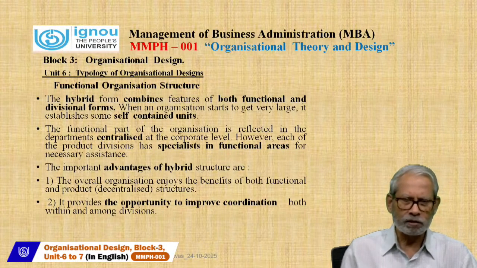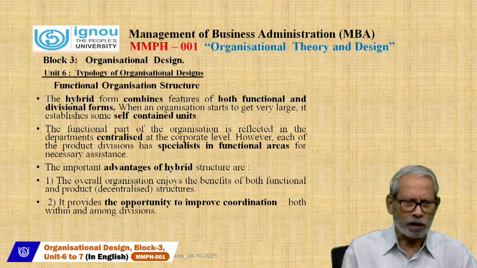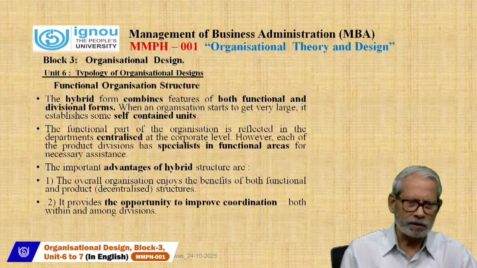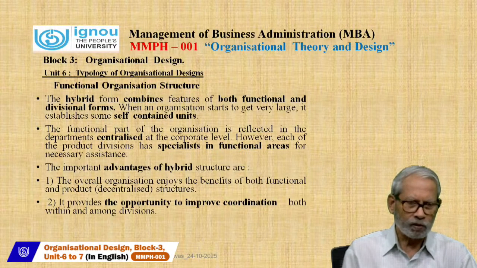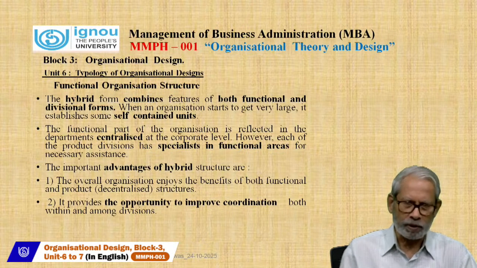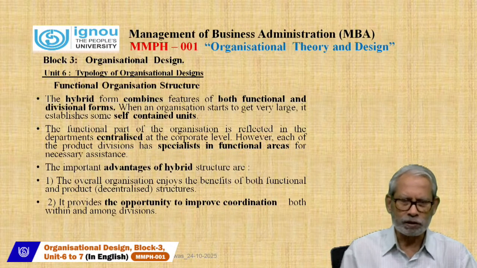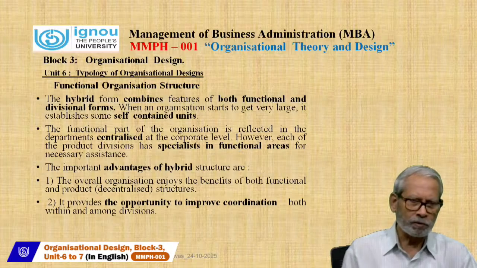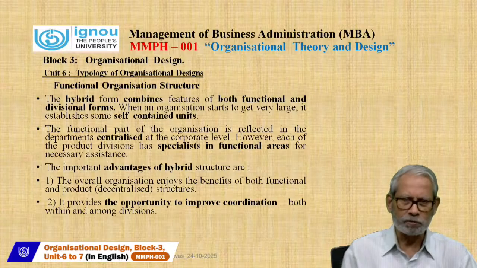When the organization starts to get very large, slowly the manpower increases, and in that case some self-contained units are required. The functional part of the organization is reflected in the departments centralized at the corporate level.